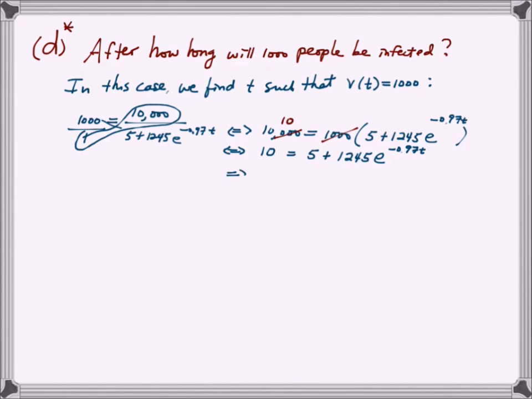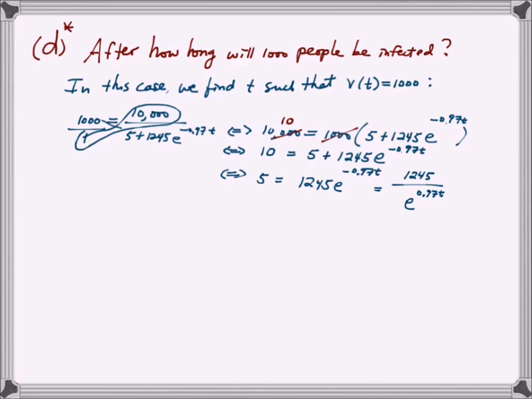Subtract 5 from both sides to obtain 5 equals 1245 times e to the negative 0.97t. But I don't really like to deal with the negative exponent there, so I'm going to change this to a positive exponent by writing it as the equivalent expression 1245 divided by e to the positive 0.97t.